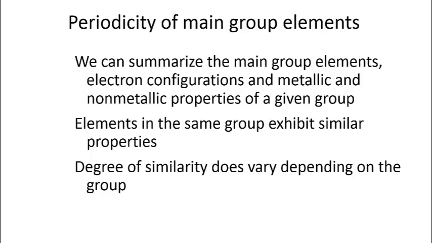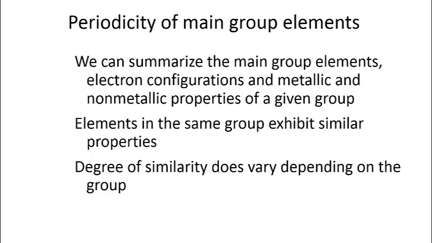In this lesson, we plan to summarize main group elements' general electron configuration forms and metallic and nonmetallic behavior that is associated with each group. As well, we'll talk about the acid and base behaviors of the oxides they form. Now, elements that are in the same group generally do exhibit similar properties.